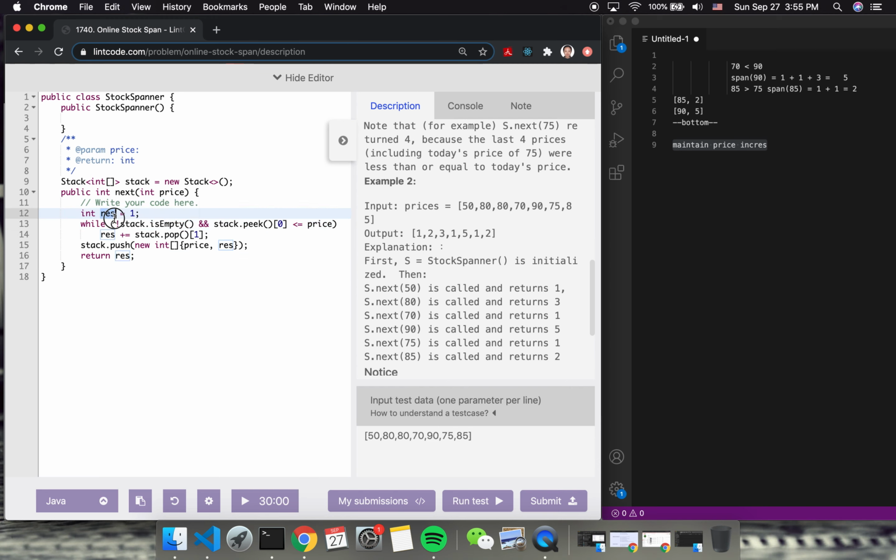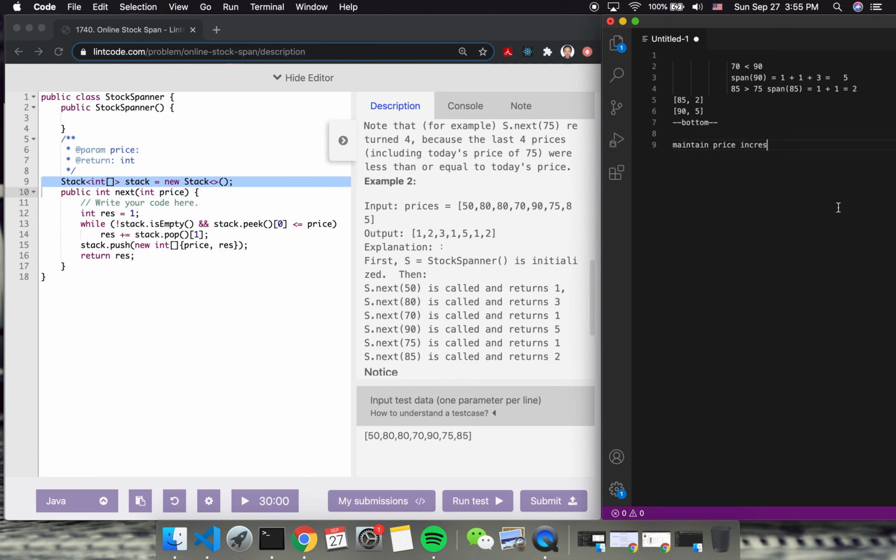Okay, so by definition, the span is at least 1 because starting from today's price is equal to today's price. So we have the result is at least 1, and we can only accumulate after it. And the stack we need to maintain the price increase property.